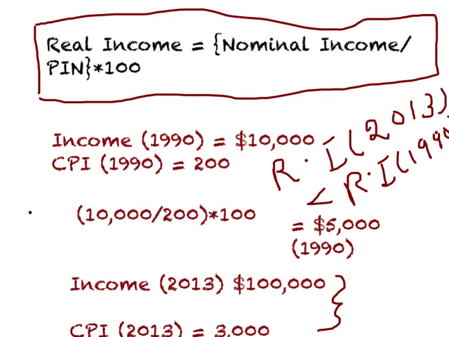This is how we calculate real income, and then we make comparisons. Is a person better off, say now, relative to the past, or worse off in terms of what this person can buy? So this is to give you an idea about real income and the difference between real and nominal income.